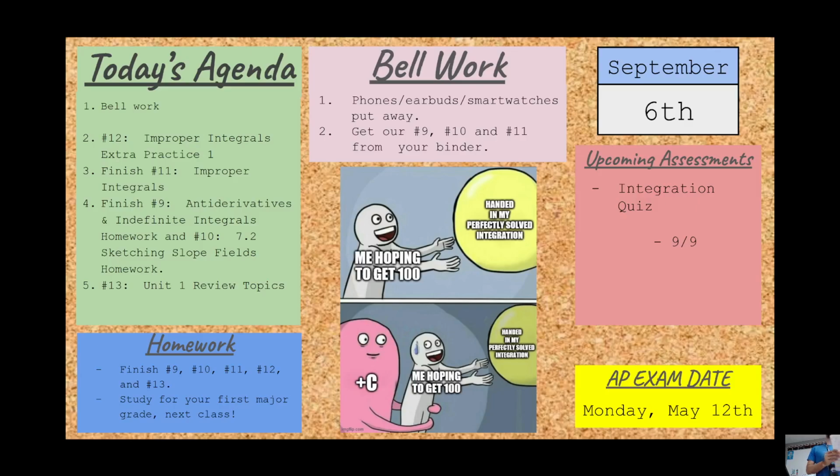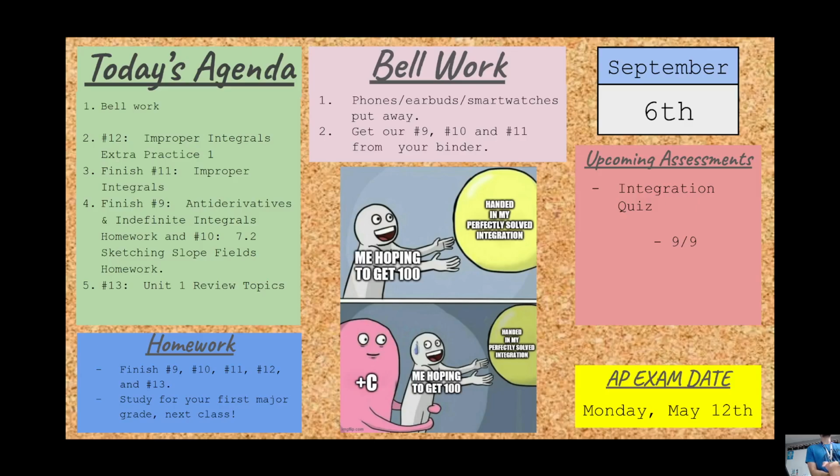And then finally, once you've got all that practice under your belt, take a minute and look through 13. Make sure you know the topics from AB I'm going to put on the quiz, the topics from BC I'm going to put on the quiz. Make sure you can answer these 5 questions where they make sense to you to help organize your ideas. And then if you need extra practice on partial fractions, take advantage of that Khan Academy link.